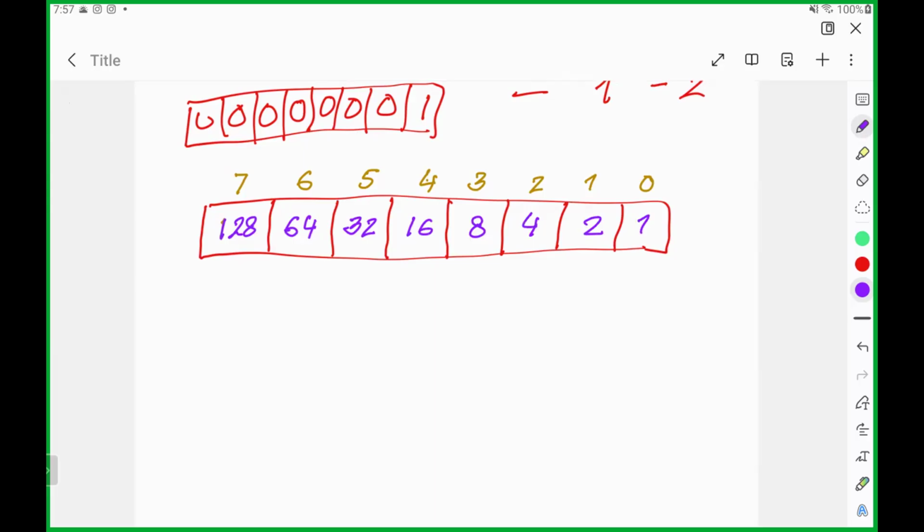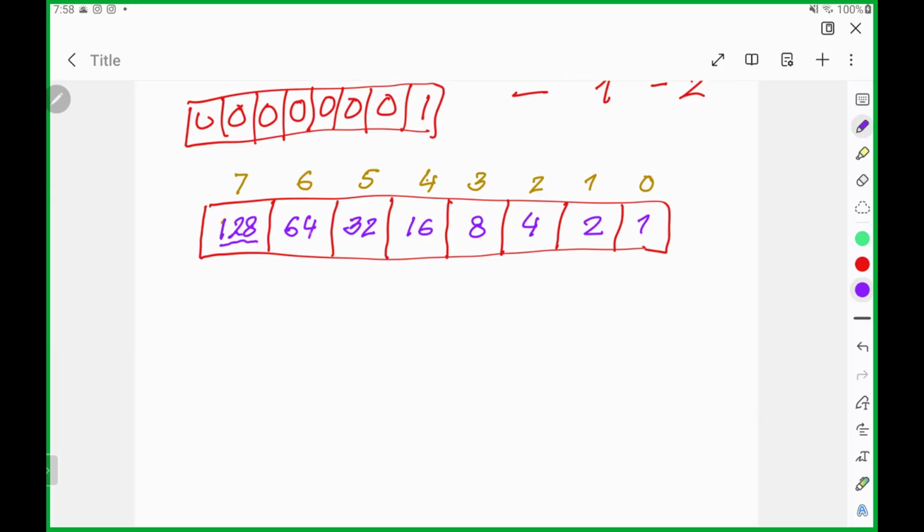So just to remind you, this tells that I have an 8-bit number, starting from the 0th, the least significant bit, and the 7th is the most significant bit. And this number in the purple color here represents that if I have the 7th bit in the binary as 1, then the decimal value of that number will be 128.